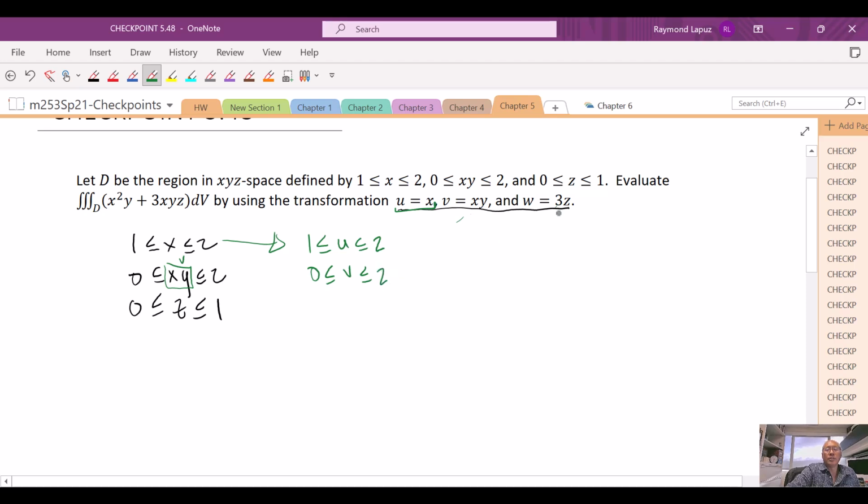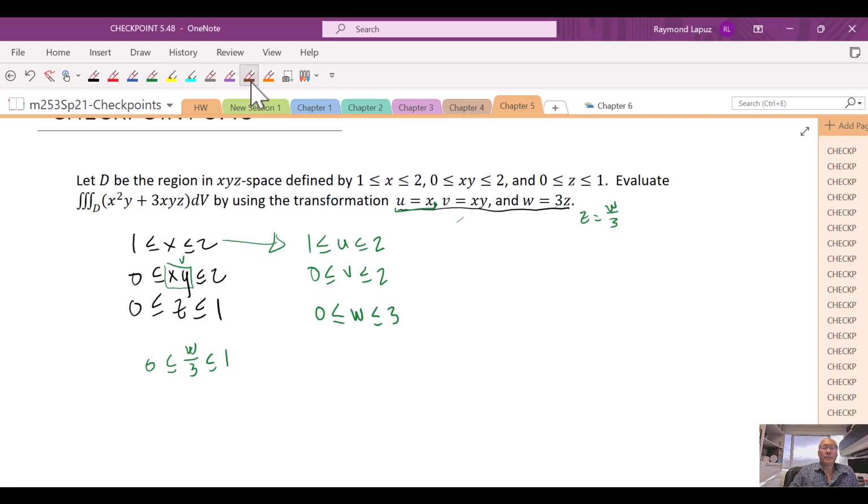And then we have z here. If w is equal to 3z, then z is equal to w over 3. So if I write w over 3 between 0 and 1 and multiply all three sides by 3, I get 0 less than or equal to w less than or equal to 3. So those are going to be my new limits.